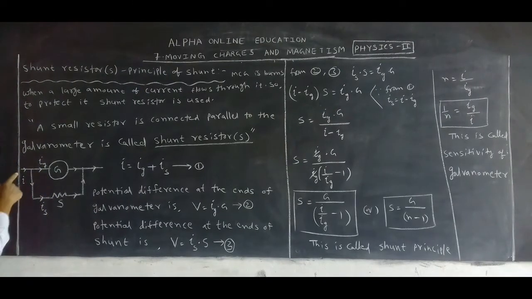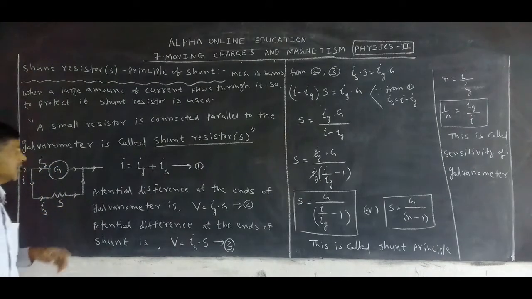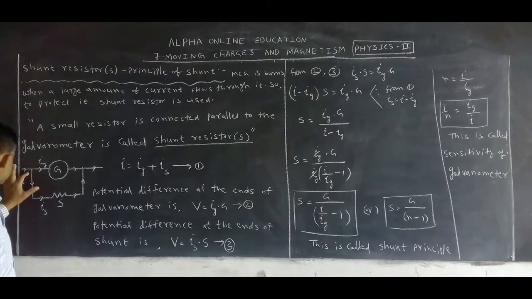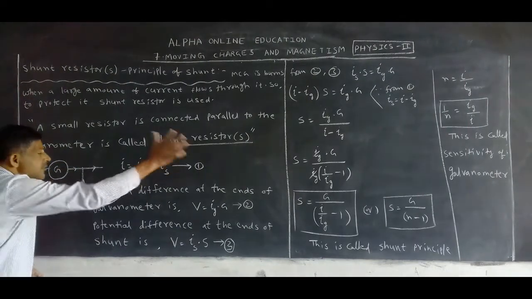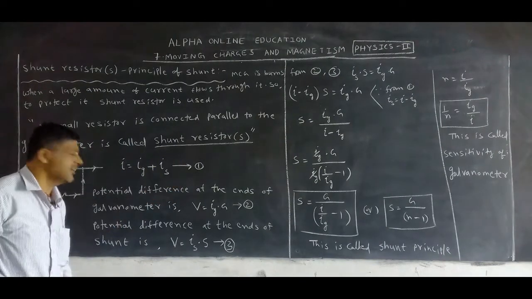When the large amount of current enters, it splits as Ig and Is. From Kirchhoff's current law, the current flowing toward the junction is equal to the current away from the junction. So I = Ig + Is. Let us take this as equation 1.